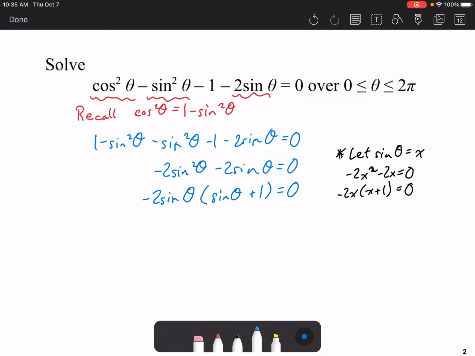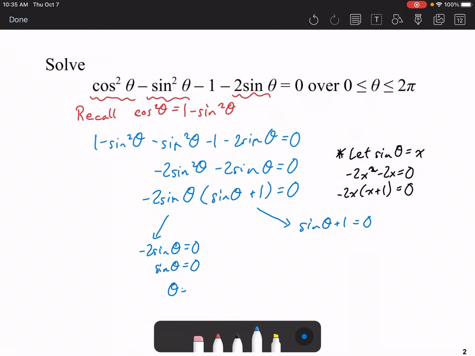From here, you can solve each of these individually. So you can solve for when negative 2 sine theta equals 0, or you can solve for when sine theta plus 1 equals 0. So sine theta is equal to 0.